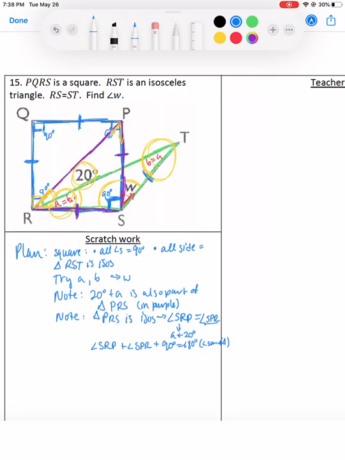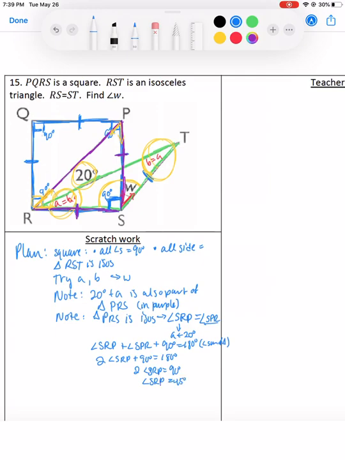And since both of those are equal, 2 angle SRPs plus 90 degrees is equal to 180 degrees. You can use angle sum of right triangle if you want to as well. Okay, so 2 SRPs is equal to 90 degrees. Divide that by 2, angle SRP is equal to 45 degrees.